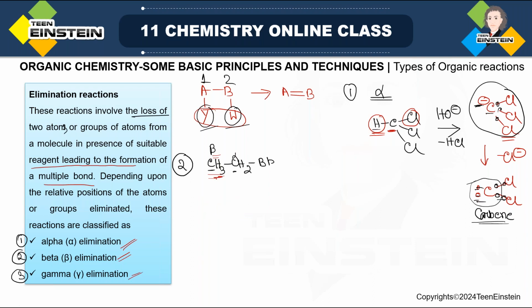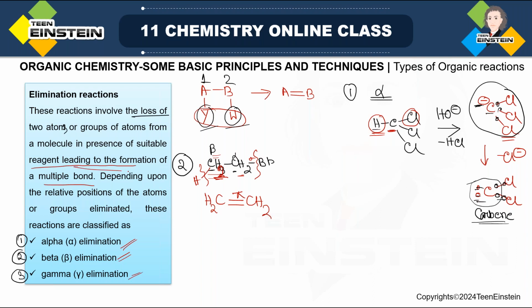And when you remove one H from beta and the halogen from alpha, you get H2C double bond CH2. So here this sigma bond is broken and one of these carbon hydrogen bonds, I am writing it in this way, CH2 and then one carbon hydrogen. You are breaking this sigma bond. So 2 sigma bonds are broken and 1 pi bond is generated.